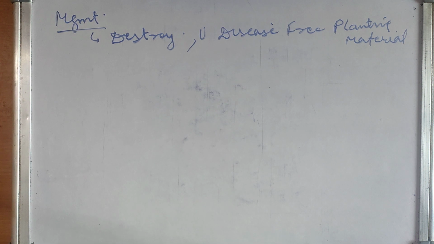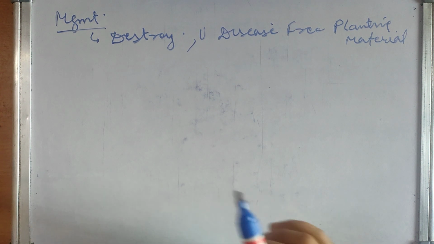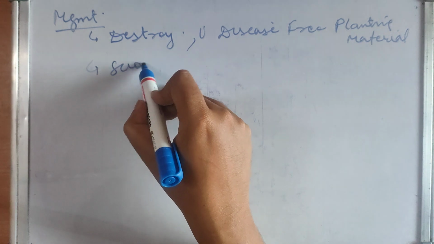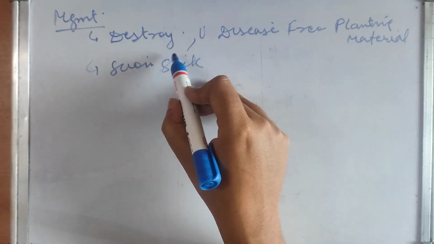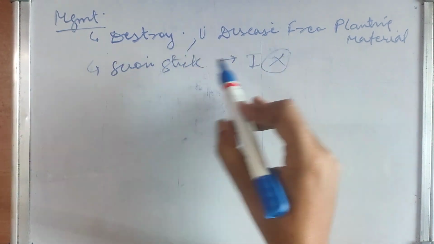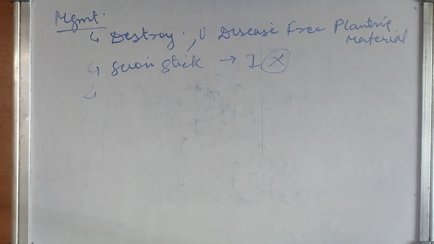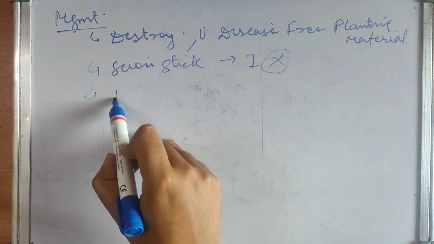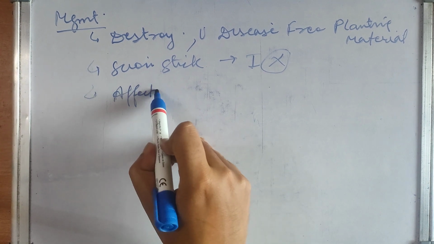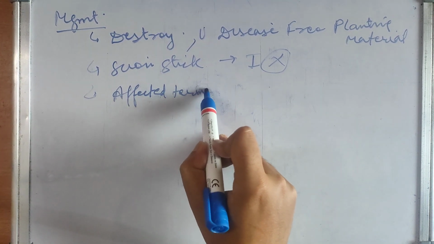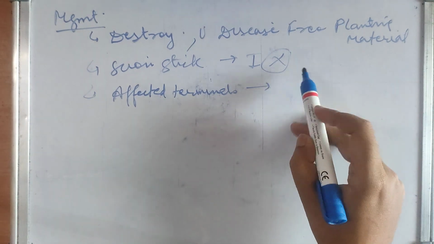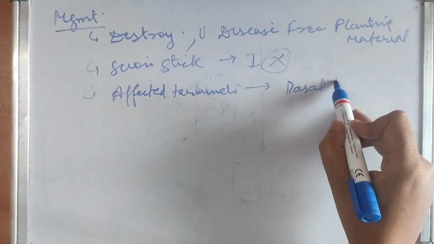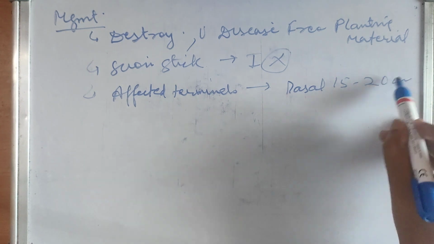Secondly, scions from infected trees should not be used. Infected scions must not be used; fit scions should be used. As soon as disease appears, the affected terminals along with the basal 15 to 20 centimeter of healthy portion should be removed.